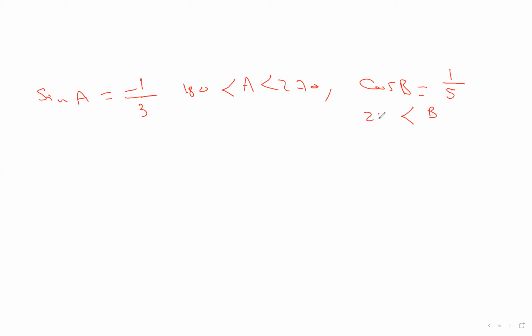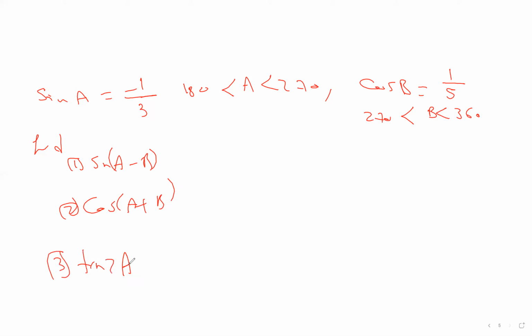As an example, if sine A equals negative 1/3 and A is between 180 and 270, and cosine B equals 1/5 and B is greater than 270 and less than 360, find: number 1, sine A minus B; number 2, cosine A plus B; number 3, tan 2A.